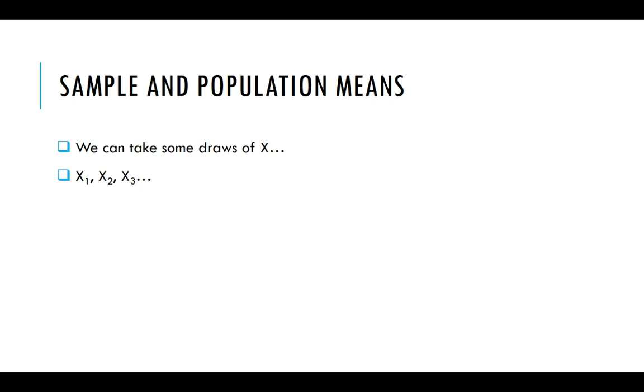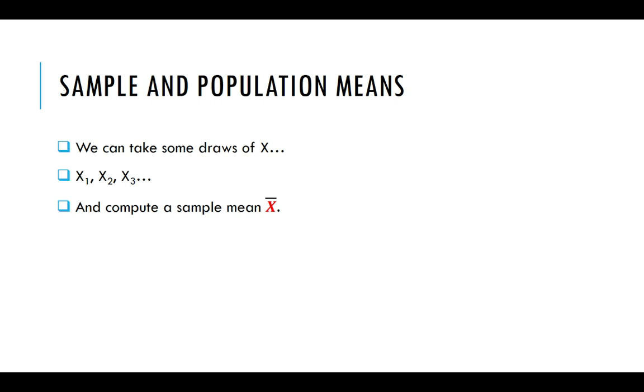Let's say we get X1, X2, X3. Then we can compute a sample mean, and that sample mean is denoted X bar. We use that bar, X bar, to tell us the mean of the sample.